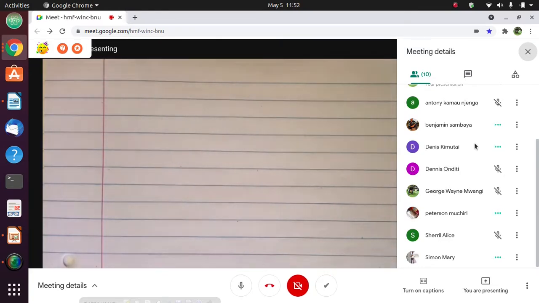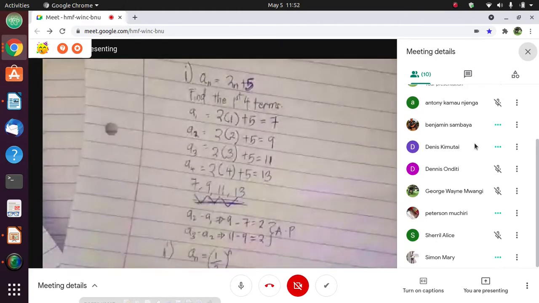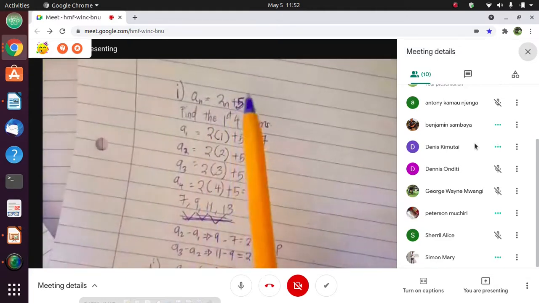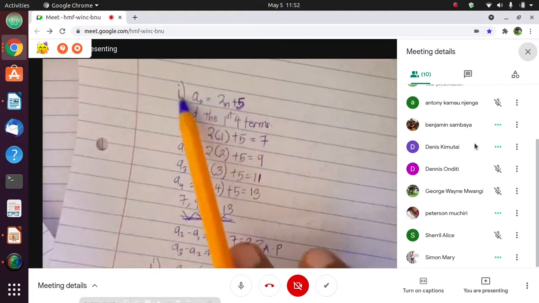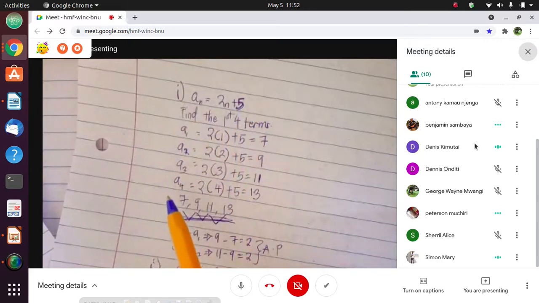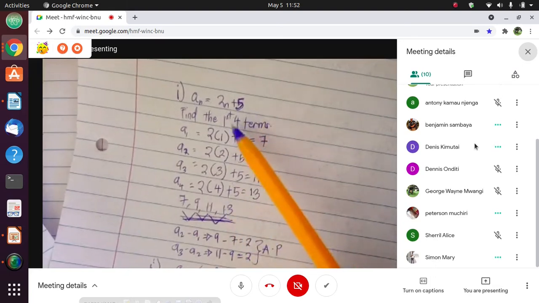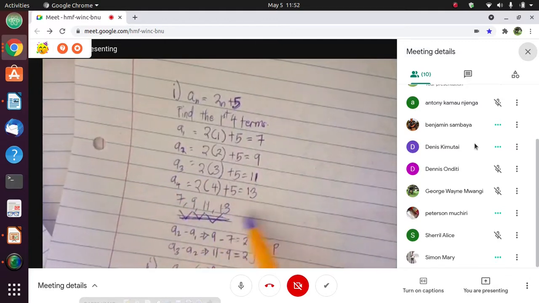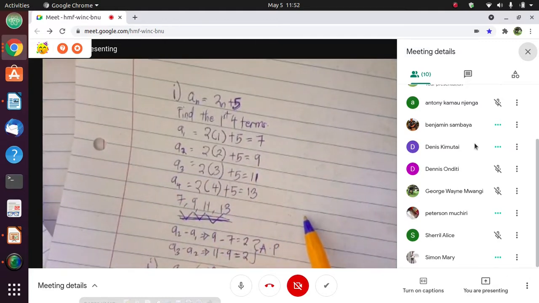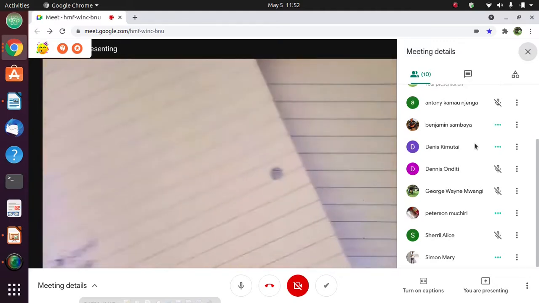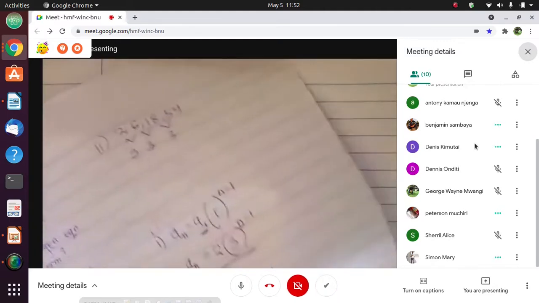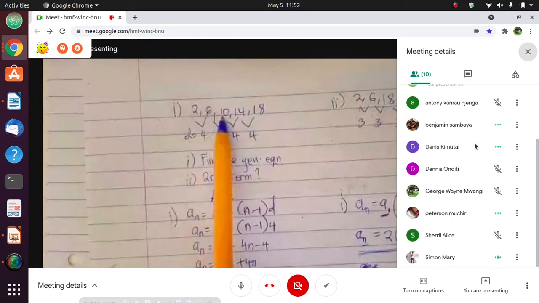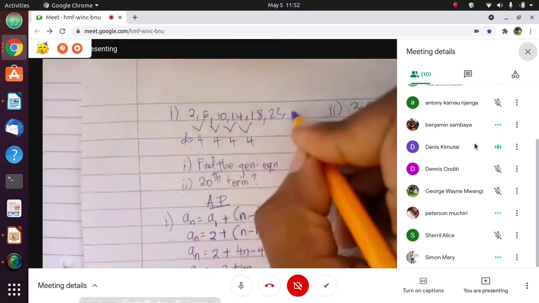For arithmetic, for example, this arithmetic one, when you're given the general equation of that sequence and you are told to find the first 7 terms, it is easy because you'll just be plugging in 1, 2, 3, 4, 5 to get the terms. But if you are given a sequence like this, it might have 22, 26, 30.